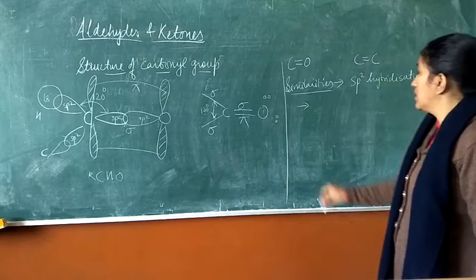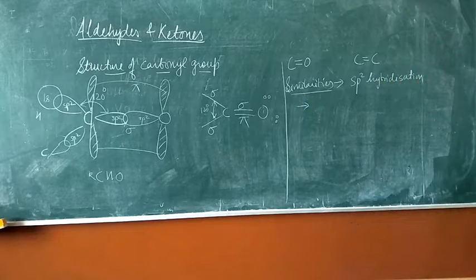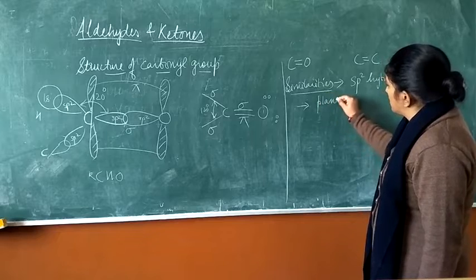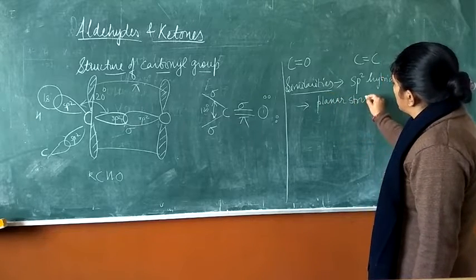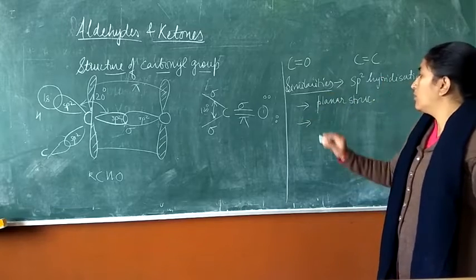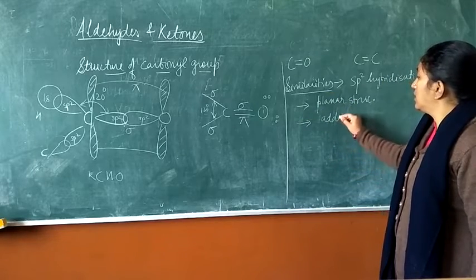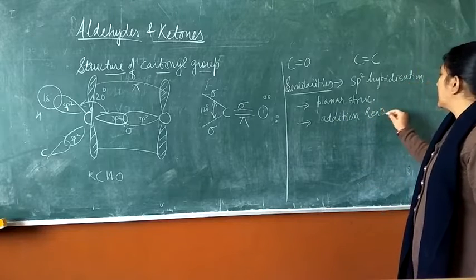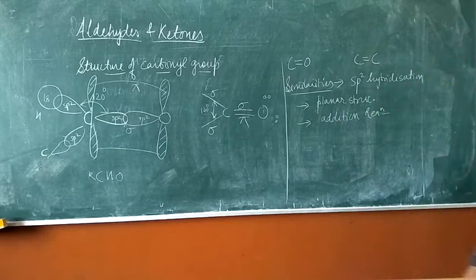Second, both have a planar structure. And the next one is that both undergo addition reaction so that the unsaturation gets converted into saturation, or we can say that they get saturated.